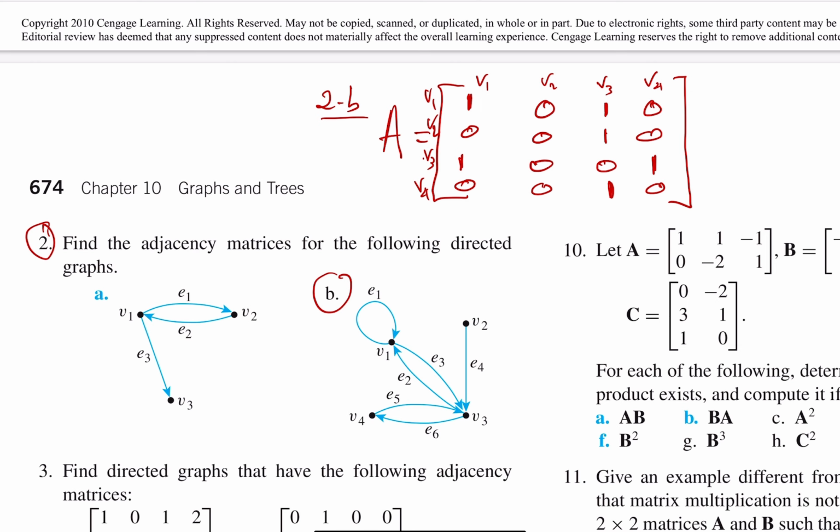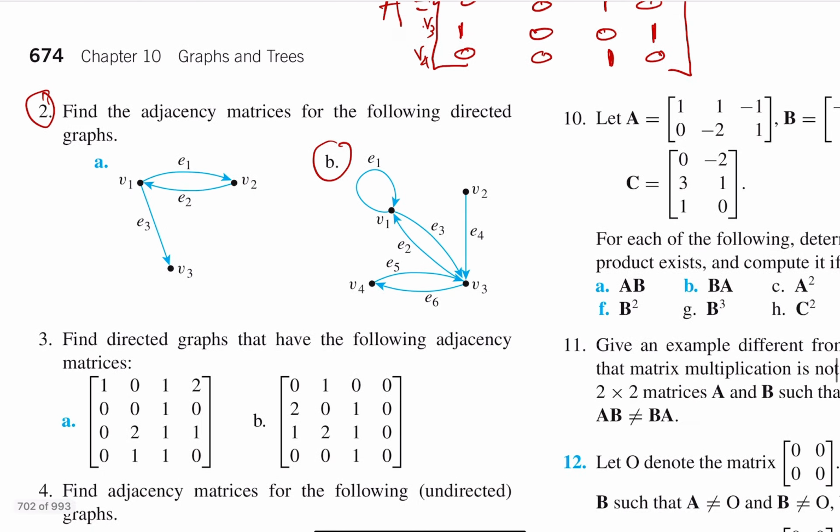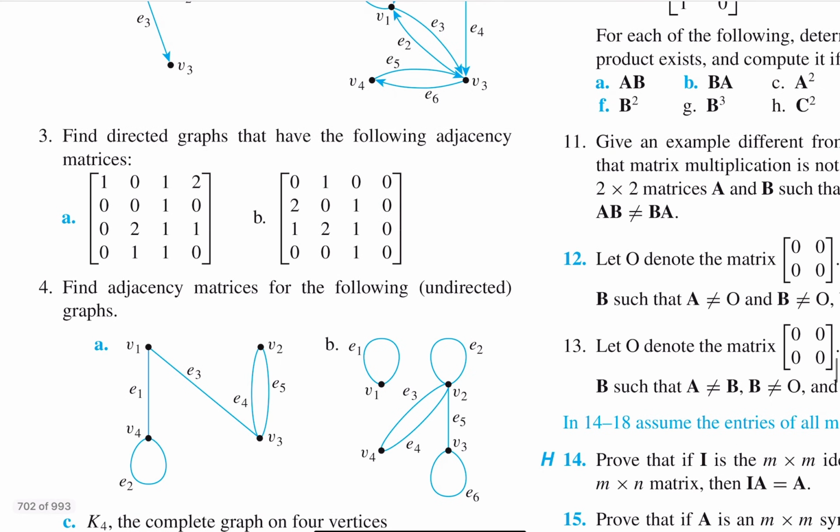Now let's do the next one. The next one is to find the directed graph that has the following adjacency matrix. We have to do only this one, 2B.